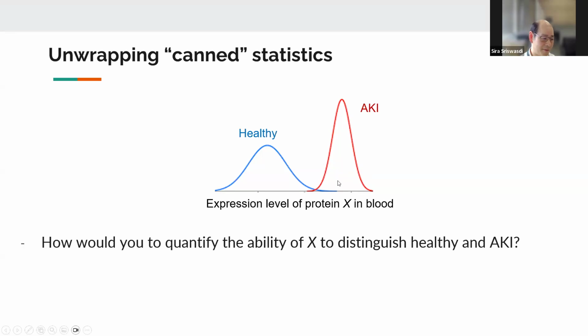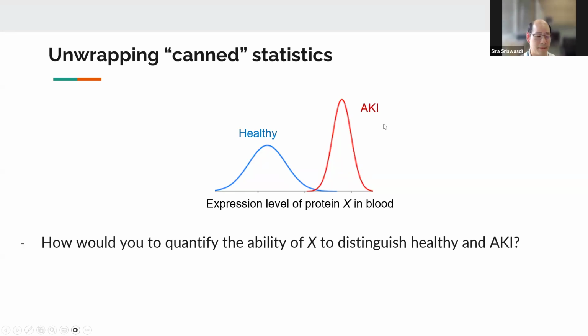So for example, we have patients with acute kidney injury, or AKI, and healthy controls. And we suspect that protein X might be related to acute kidney injury. So we measure the level of protein X in the blood among the patients and among the healthy controls.